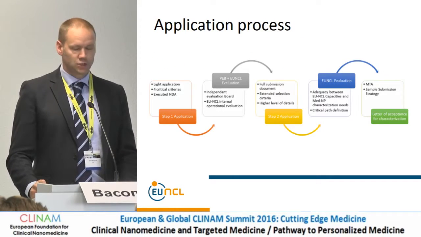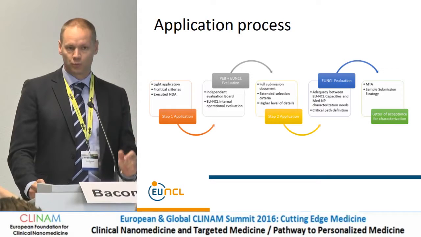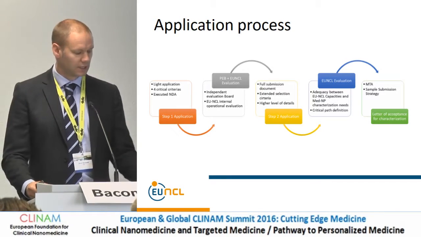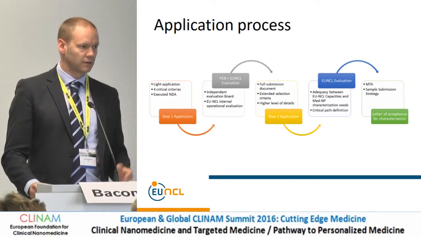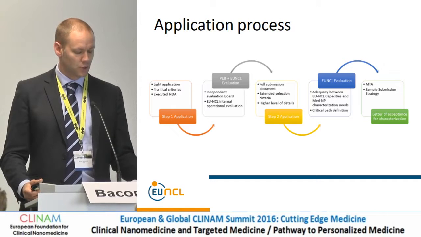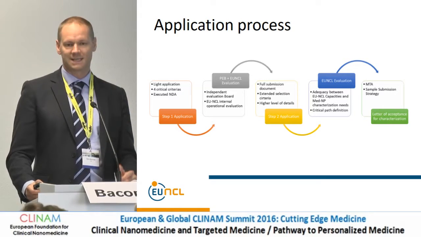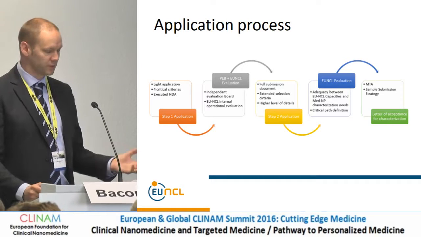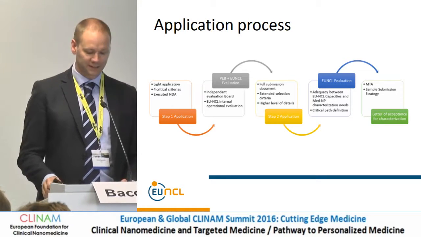So the application process is divided in two parts. There is a first step, we call it step 1, very simple. It's a kind of medical nanoparticle description in a nutshell, where you have to implement the most relevant and detailed information about your medical nanoparticles, coping with critical selection criteria.